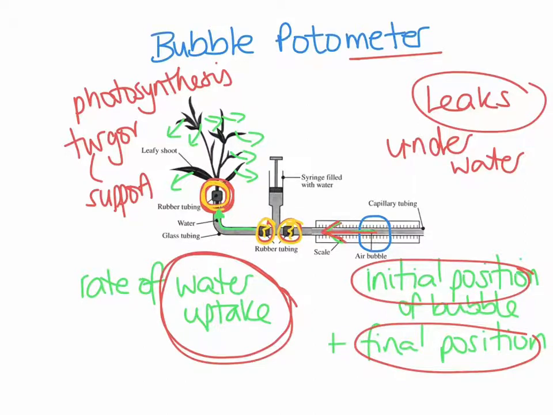Thinking back to the diagram, we can do that as it is, and that's basically in dry conditions, and then we can repeat the experiment when we tie a plastic bag around it.